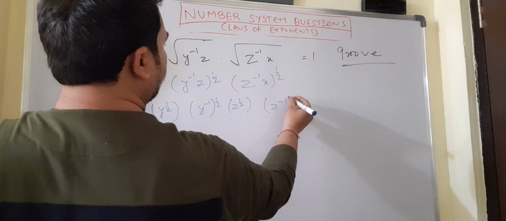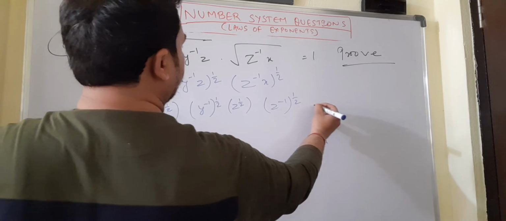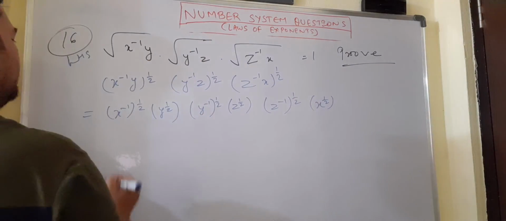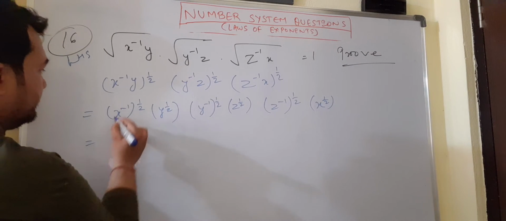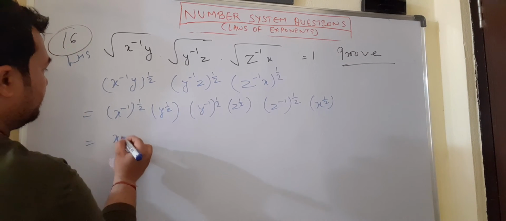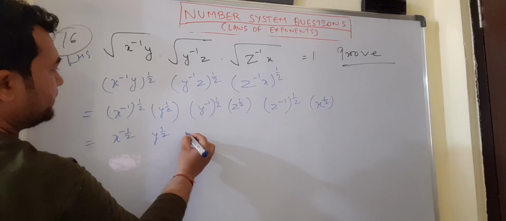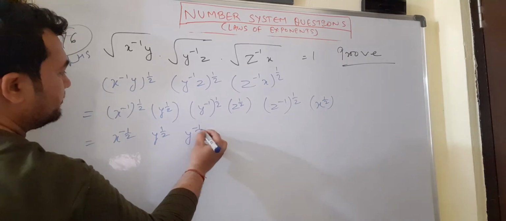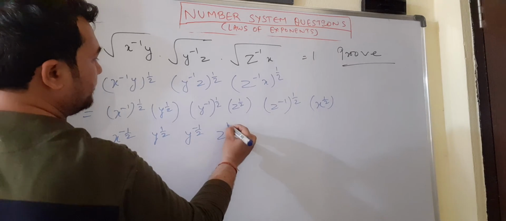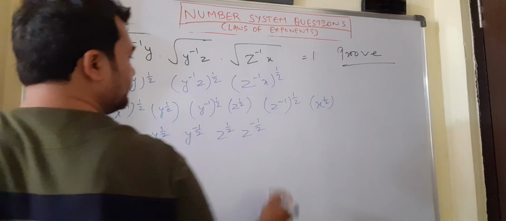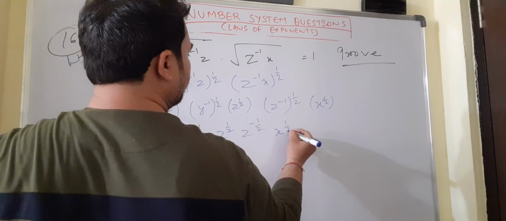This z to the power minus 1 will get its 1 by 2, and this x will also get its 1 by 2. This is what? This is x to the power minus 1 by 2. This is y to the power 1 by 2, y to the power again minus 1 by 2, z to the power 1 by 2, z to the power minus 1 by 2, and x to the power 1 by 2.